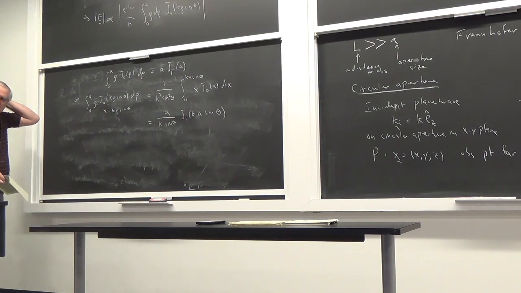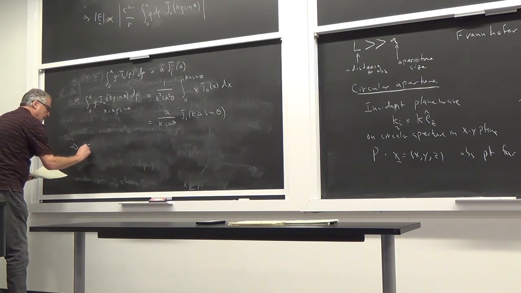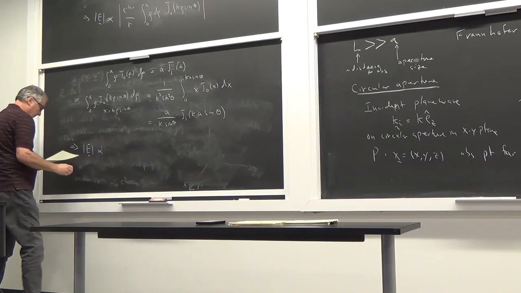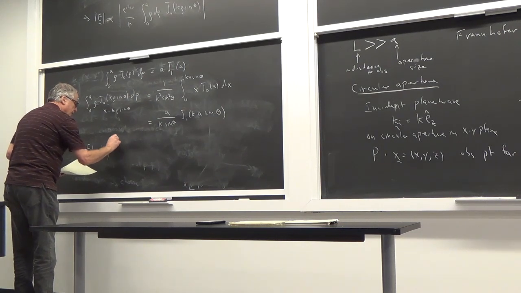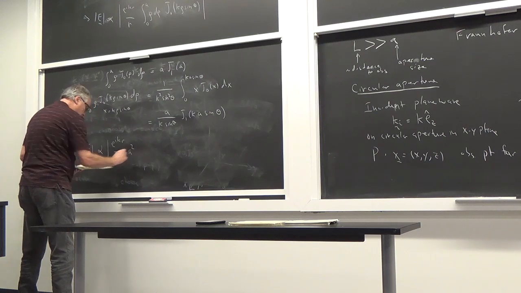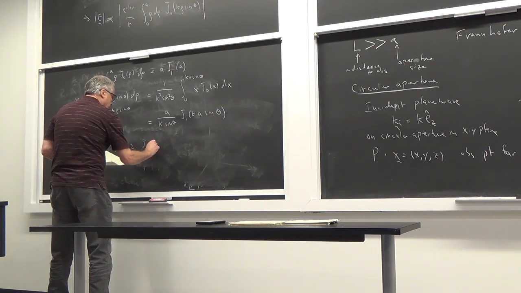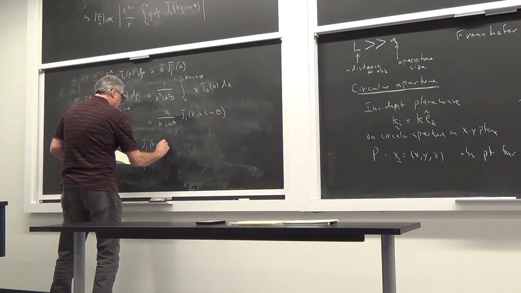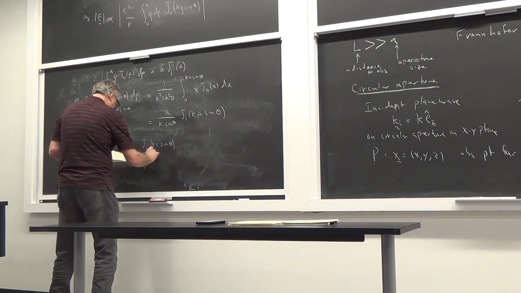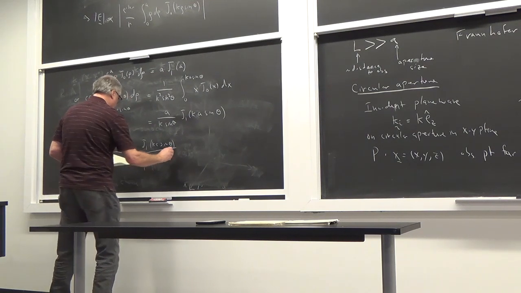And so that's the answer then. It is proportional to e to the ikr over r, a squared, J1 of ka sine theta divided by ka sine theta.